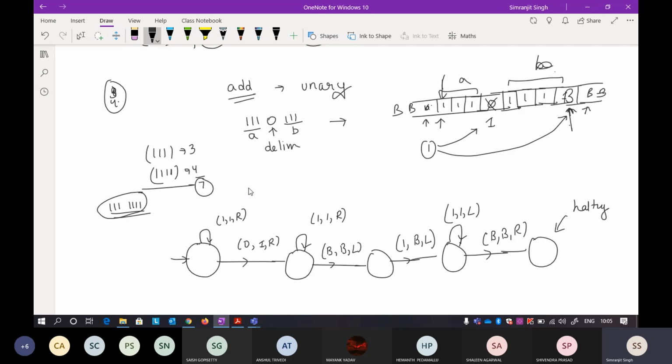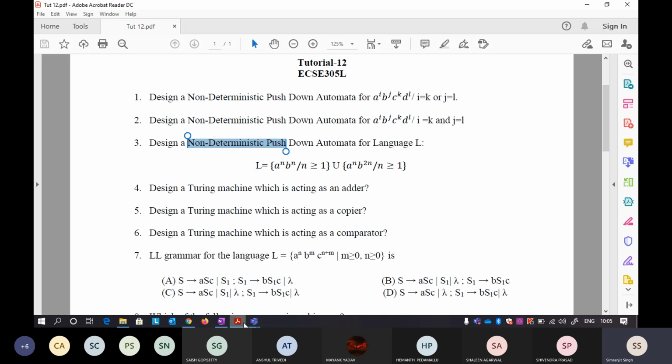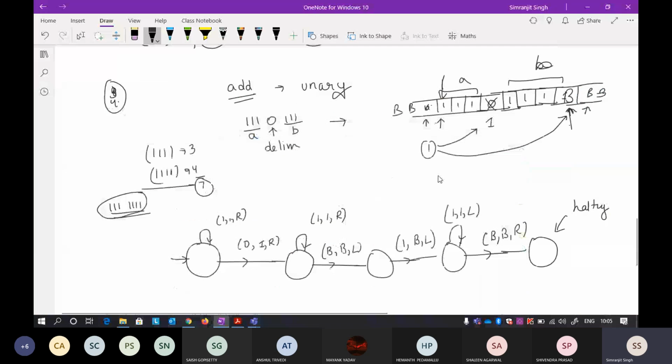Keep in mind, because the Turing machine is acting as an adder, there is no final state. Final states will always occur in acceptors.